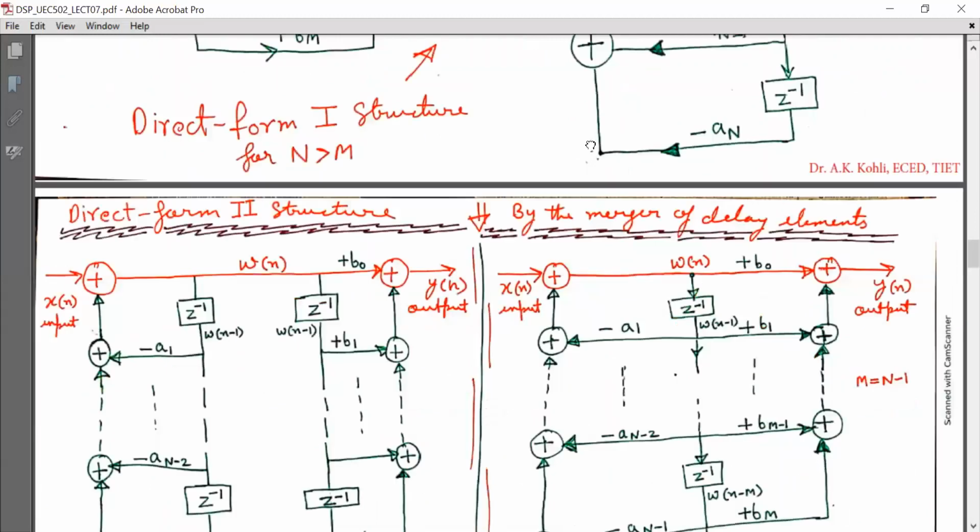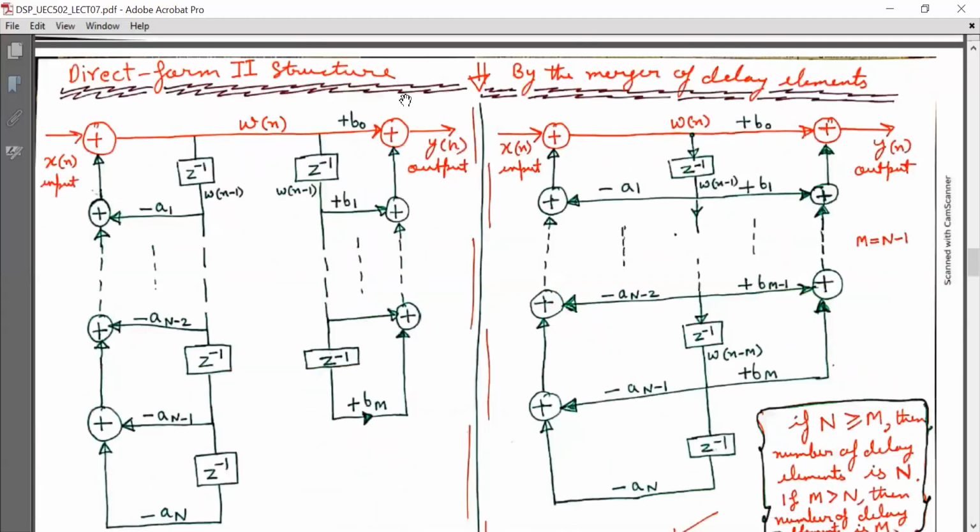Now for the direct form 2 structure, we can merge delay elements as we have done earlier.